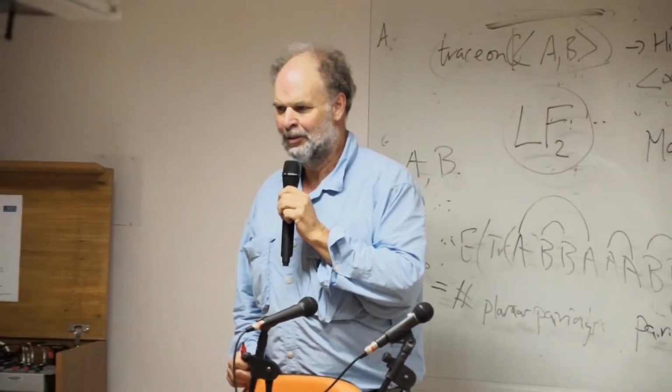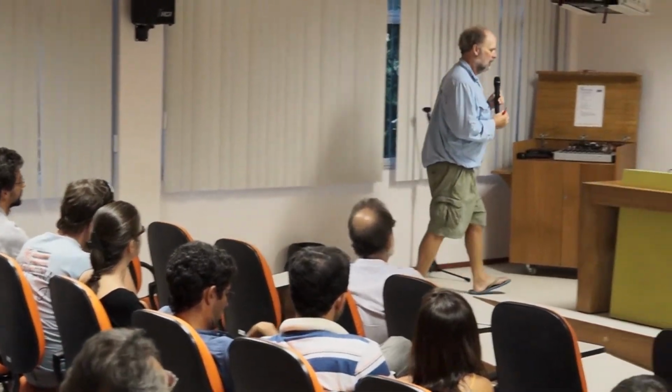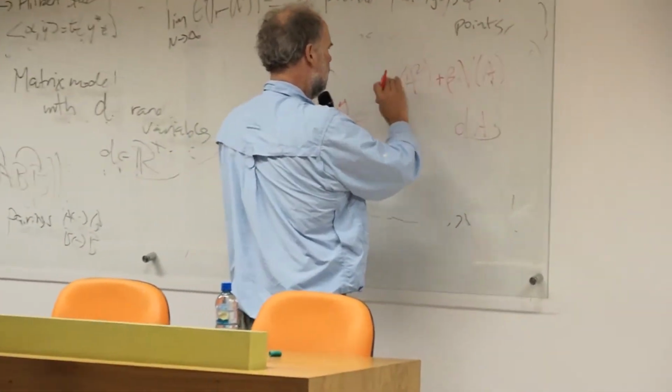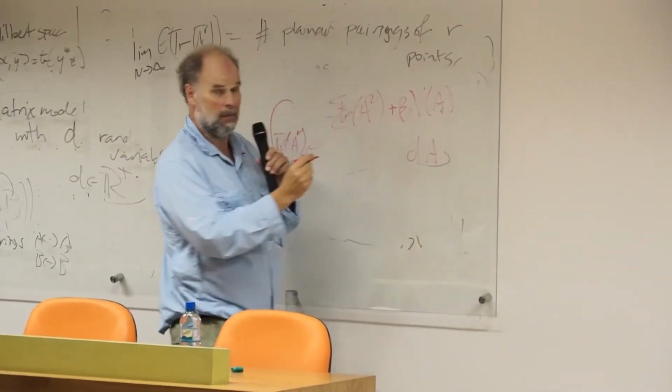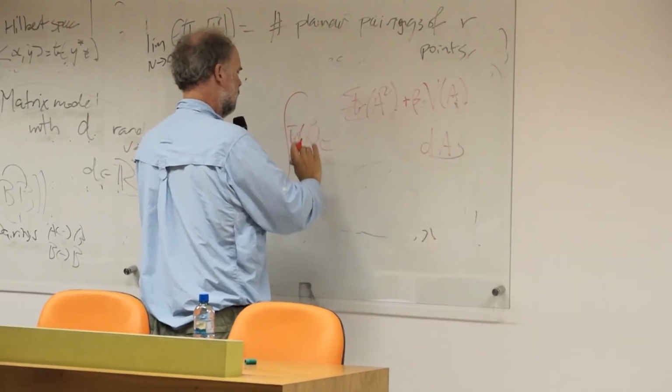I'm not sure that really answers your question, but... Oh, no, sorry. Yeah. No, you have to have sigma. To get more than one matrix, you put them in. So this is a trace of some word.